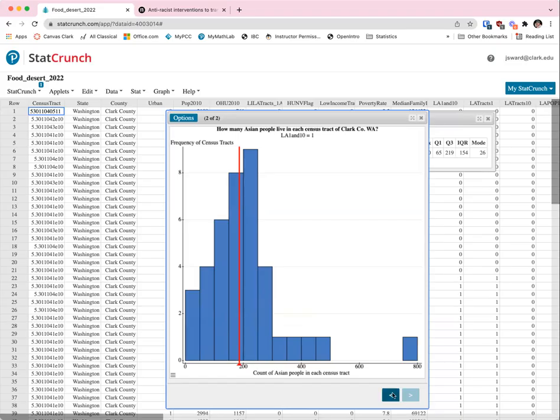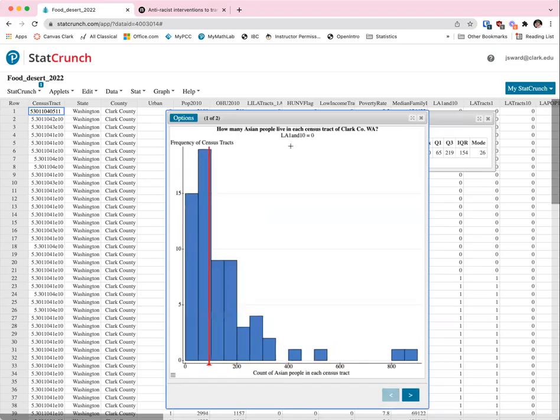Let's contrast that. Let's go to the other graph. These are the non-low access tracts. So that means that these people have an easy time getting to the grocery store. So while there might be some people who have to travel more than a mile or more than 10 miles to get to groceries, we certainly don't have very many people.